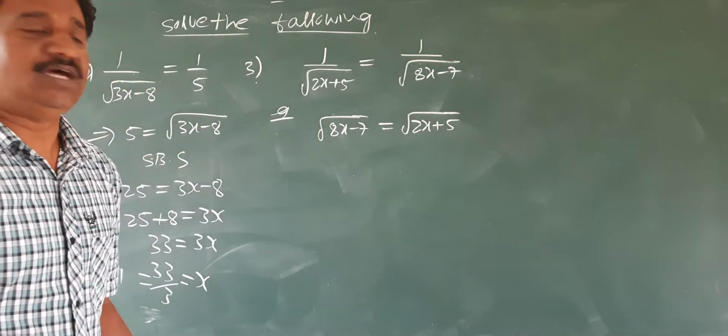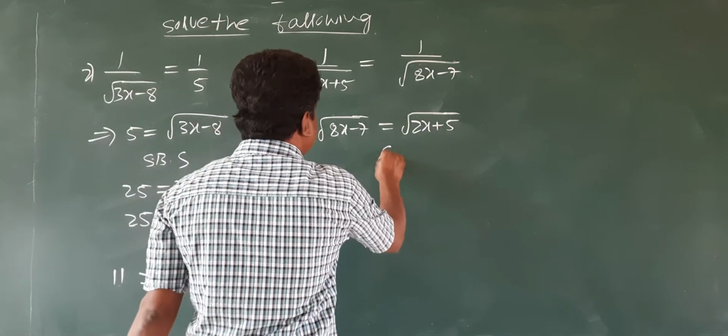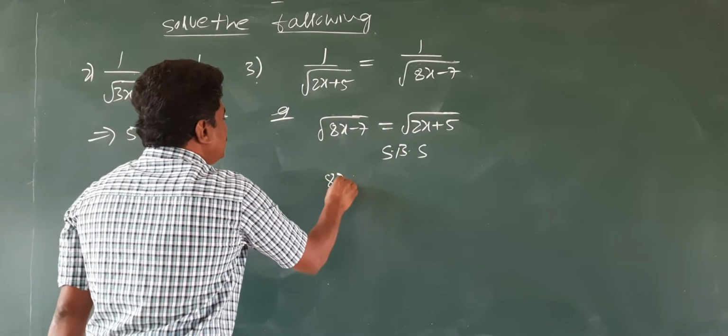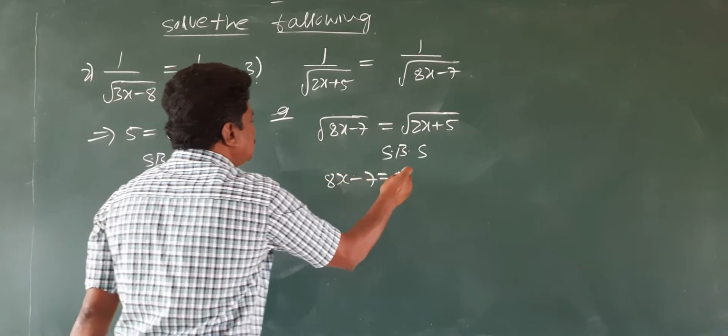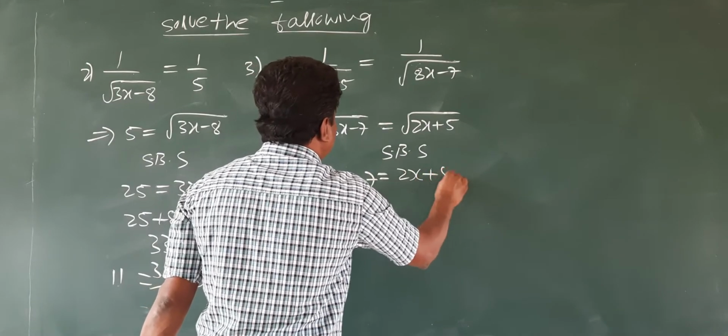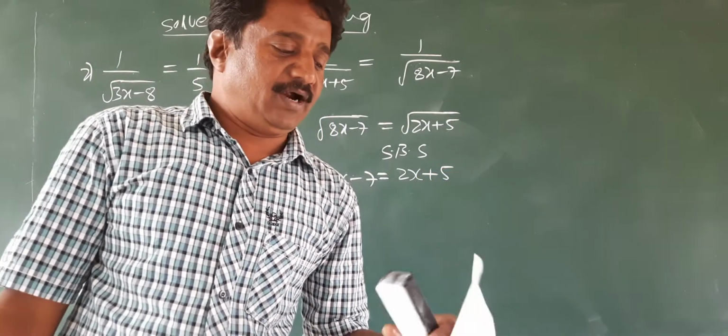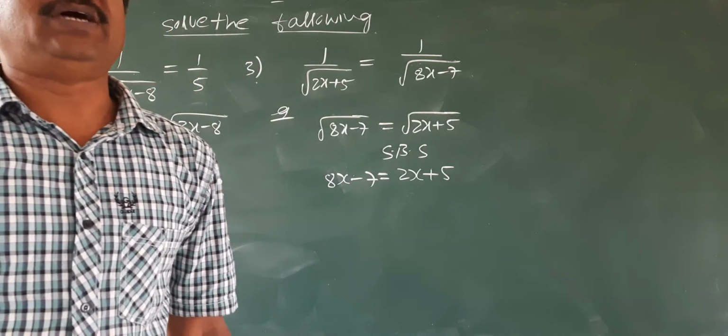Square on both sides. So the roots cancel. 8x minus 7 is equal to 2x plus 5. We require x.